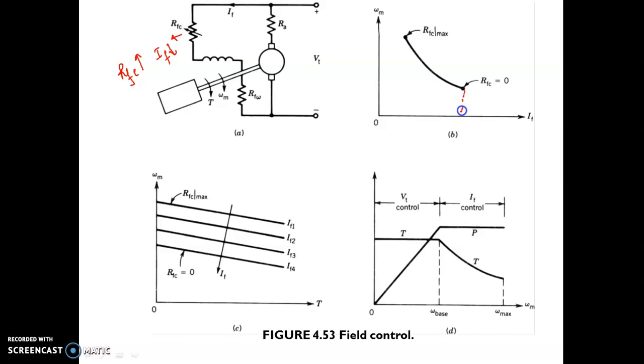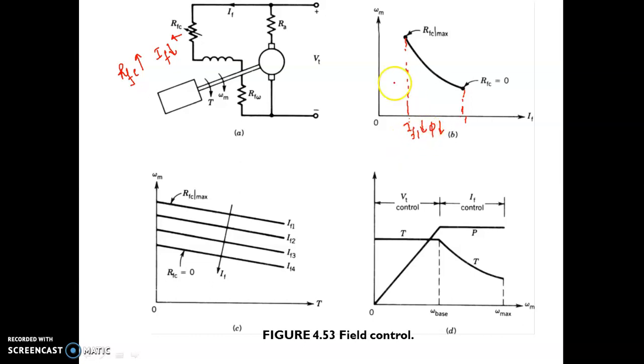At this position, suppose the field resistance is 0, then the field current is here. But if the resistance is increased, the current will decrease and its value is here. So IF1 is here. The field current is decreased, so the flux will also decrease.